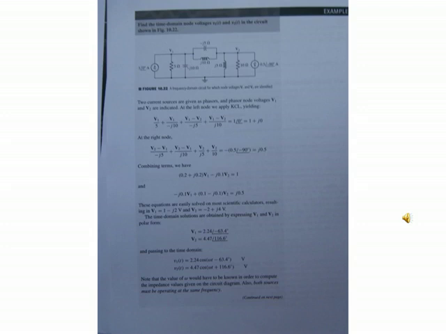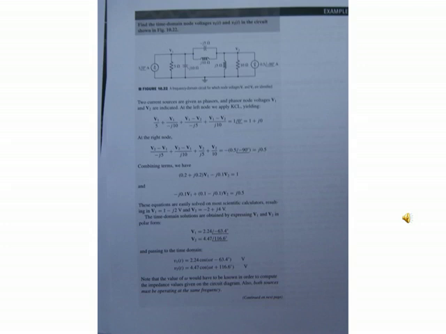For the left node, the V1 node, we can apply Kirchhoff's current law, so the sum of all the currents leaving the node is 0. Therefore V1 by 5 is the current flowing through the 5 ohm resistor, and V1 by minus J10 is the current through the minus J10 ohm capacitor.